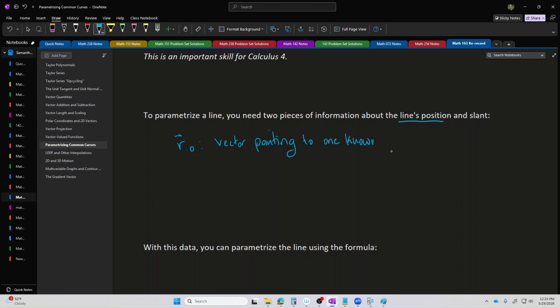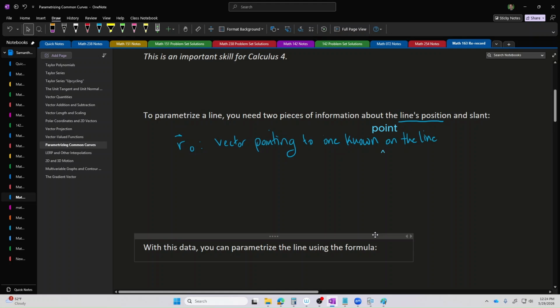If you know one point on the line, then you can create a vector R0 that is pointing to that one known location that's on your line. So this is one piece of information that you need in order to parameterize the line correctly.